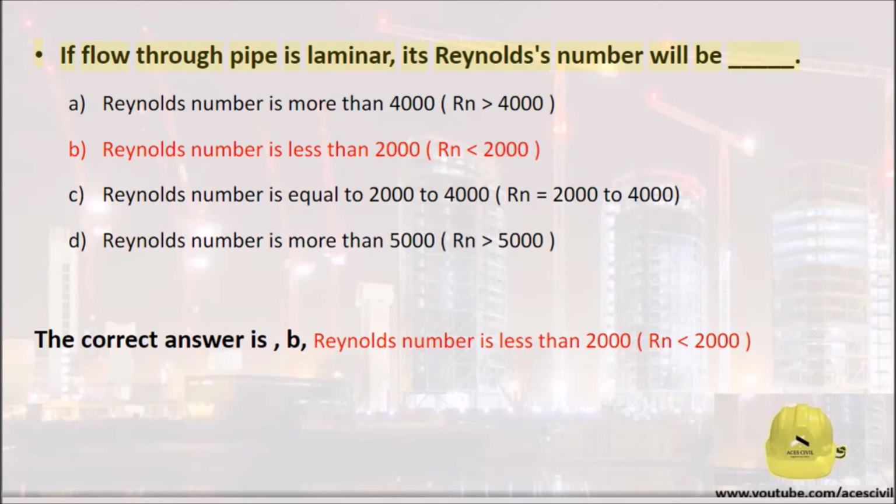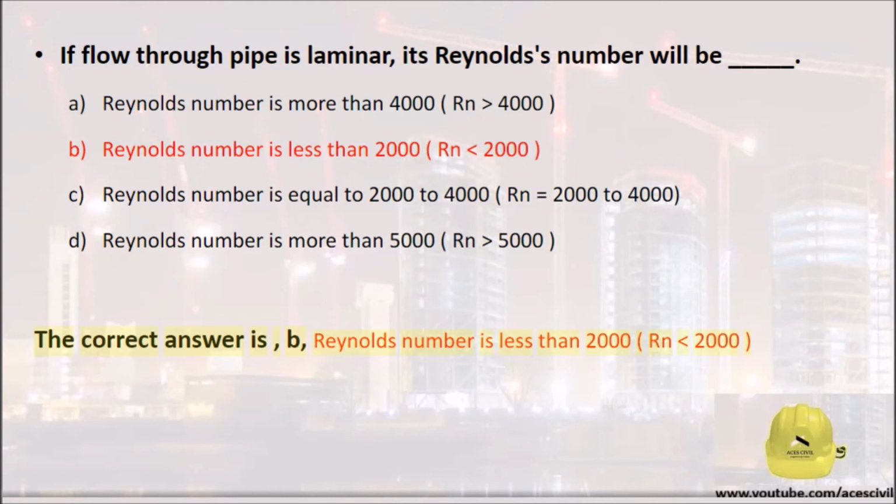If flow through a pipe is laminar, its Reynolds number will be: A. More than 4000, B. Less than 2000, C. 2000 to 4000, D. More than 5000.